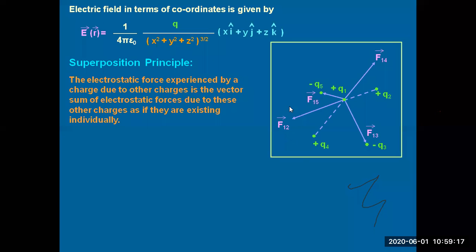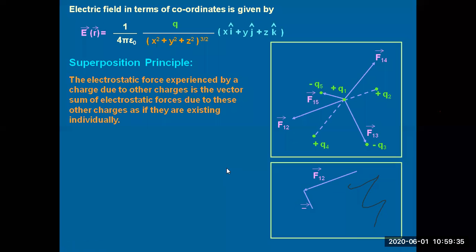Like that, force will be denoted keeping the 2 charges in your mind. That is the meaning for your superposition principle. 1, 2 means charge 1 and 2. 1, 5, Q1 and Q5. 1, 3, it is the force due to charge Q1 and Q3. So that is your superposition principle.